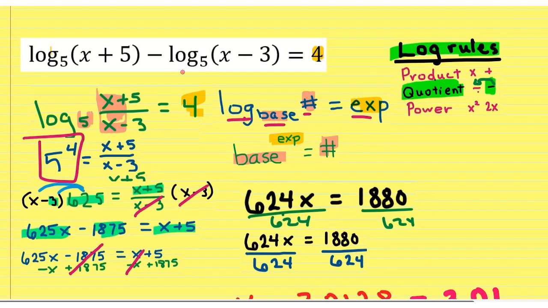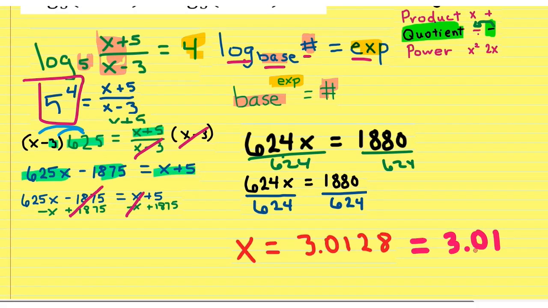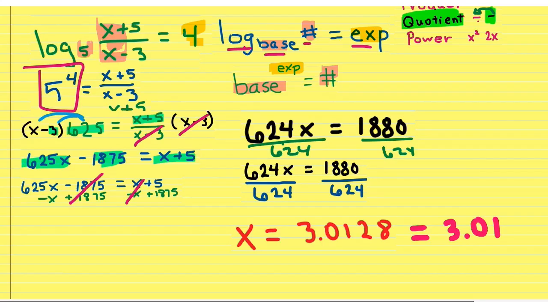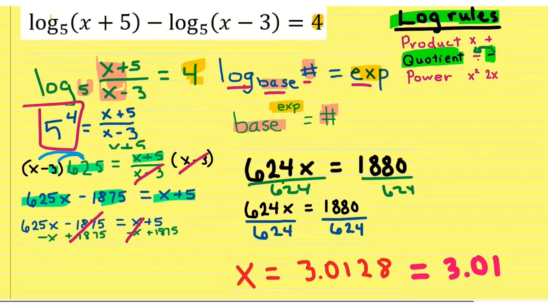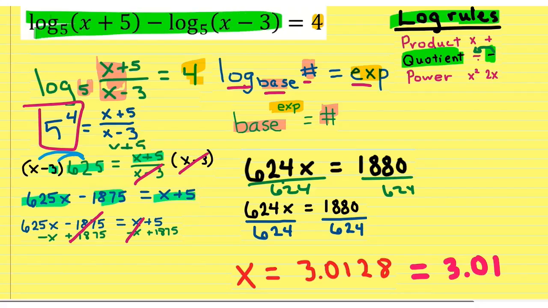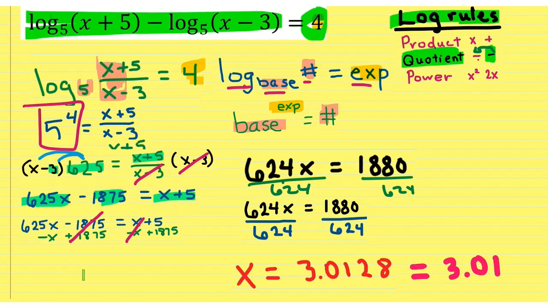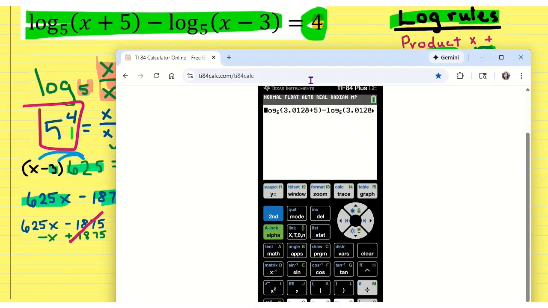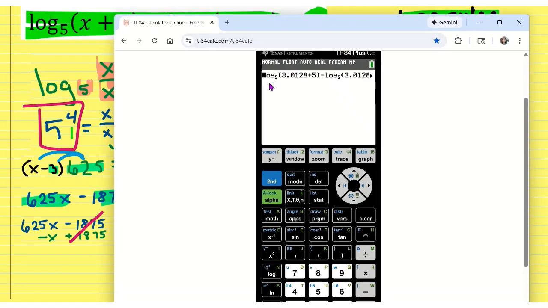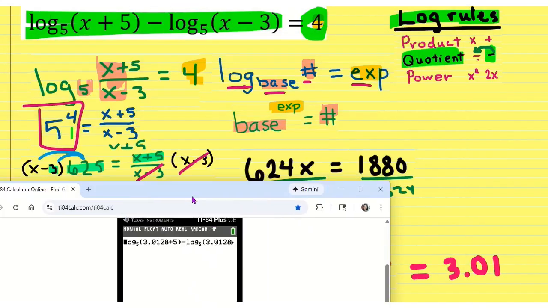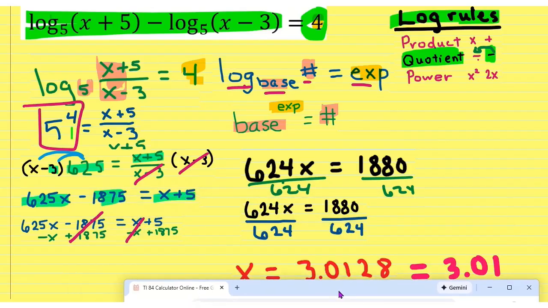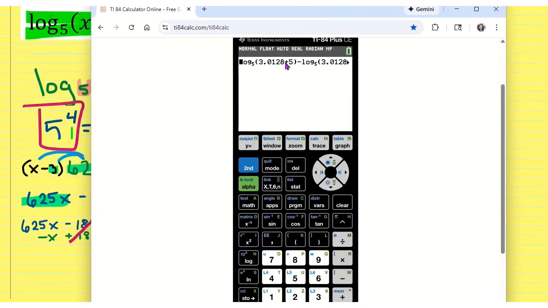But I want to test this for a second. Let's get our calculator and see if it actually makes sense, because all of this should be equal to 4. I'm pulling up the calculator, and if you notice, I am not using my rounded 3.01. I'm using 3.0128 because the more decimals I use, the more accurate my answer will be.